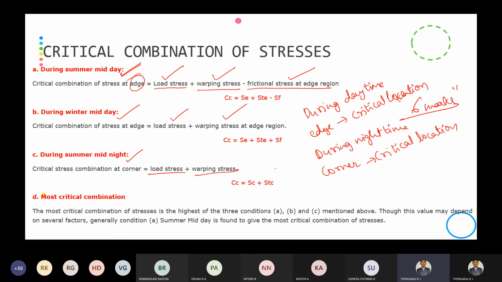Only the wheel load stress and the warping stresses will be there during the midnight time. So I told you, during night time, the corner is considered as the critical location, and during daytime, the edge is considered. So daytime means during winter and during summer.